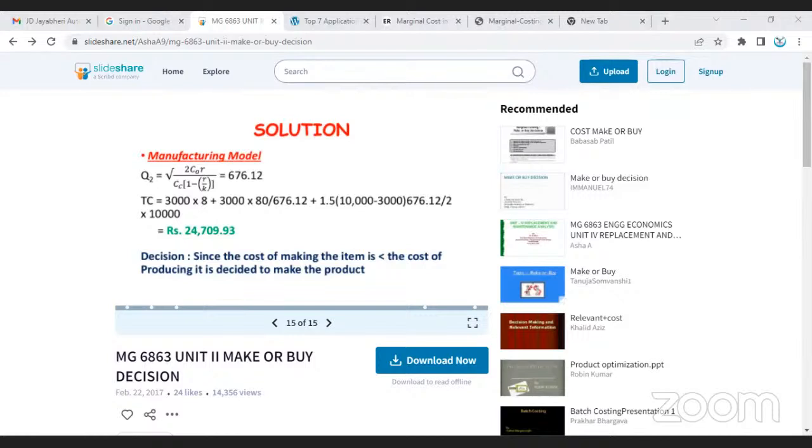So based on the applications, we'll expect one problem in block number 4, right? In block number 4, we can expect one theory question: explain the characteristics and importance of marginal costing, or else the distinction between marginal costing and absorption costing.